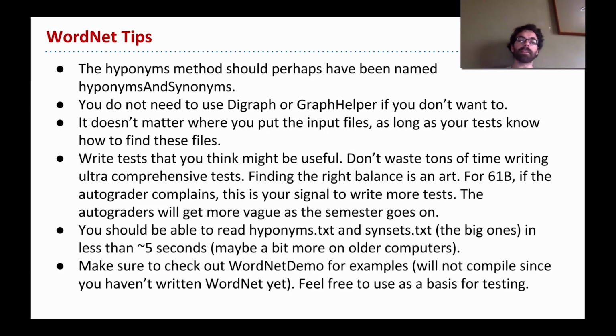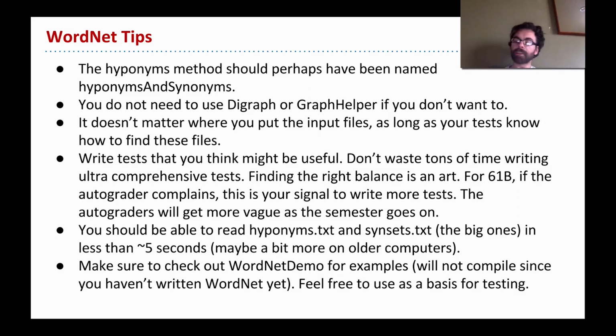All right, so some various tips. The hyponyms method maybe should have been named something like hyponyms and synonyms, or, I don't know, all words that capture the idea. Now in the spec, I tell you to use digraph or Graph Helper. If you don't want to, that's fine, okay? But I think it'll be easier. It doesn't matter where you put those input files you download, as long as your tests know where to find them. And don't go too crazy trying to write tests, right?